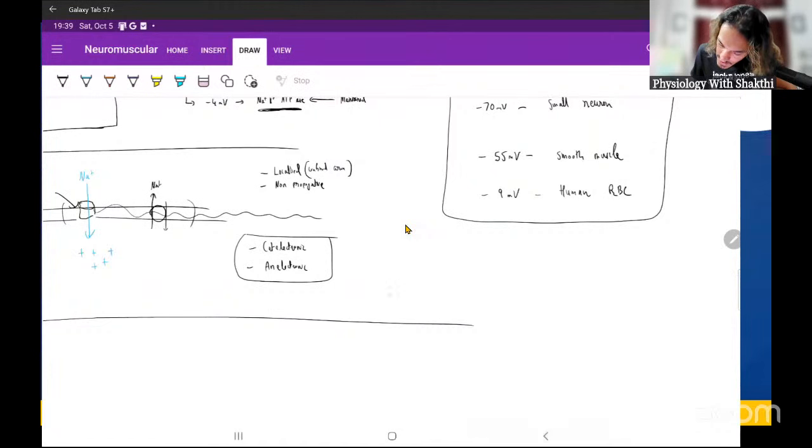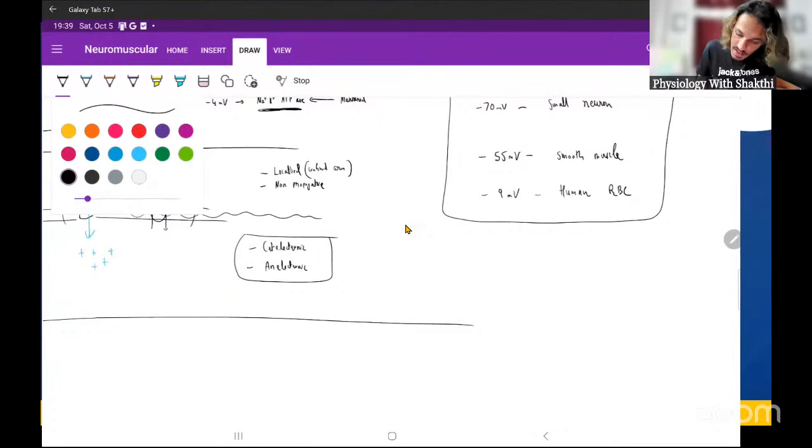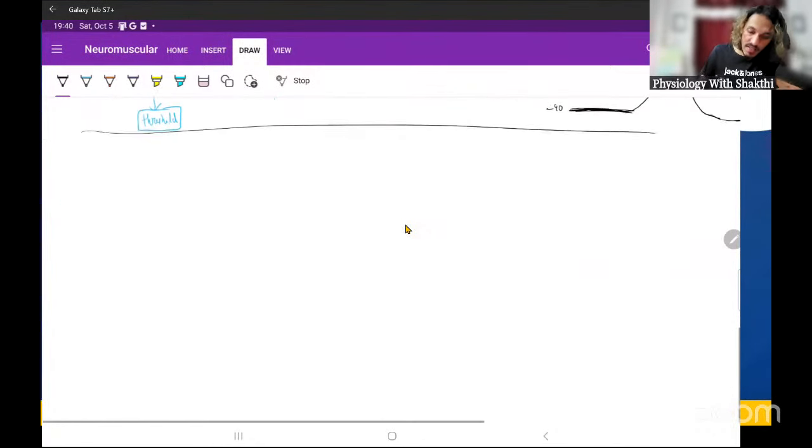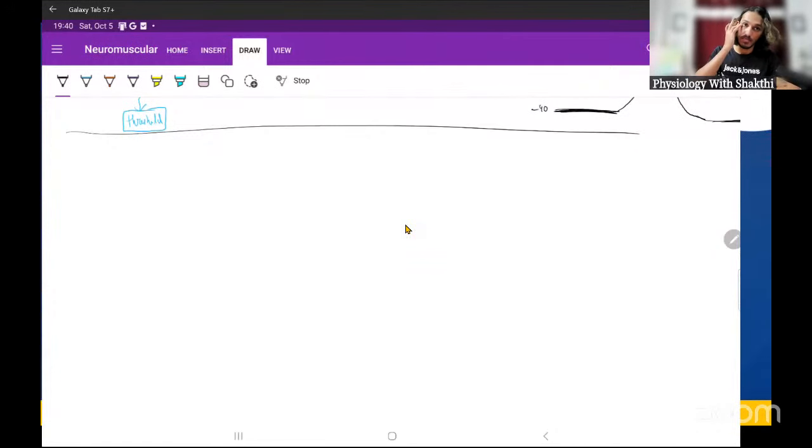If, for example, this is the membrane potential, it's just going on at minus 90. From minus 90, it went to minus 70. It went up and then it was brought back. Over. This is the diagram for your graded potential. Instead, we make it into an action potential. So I'll just draw a diagram of my action potential first, then we'll describe it. So you give a stimulation at some point.